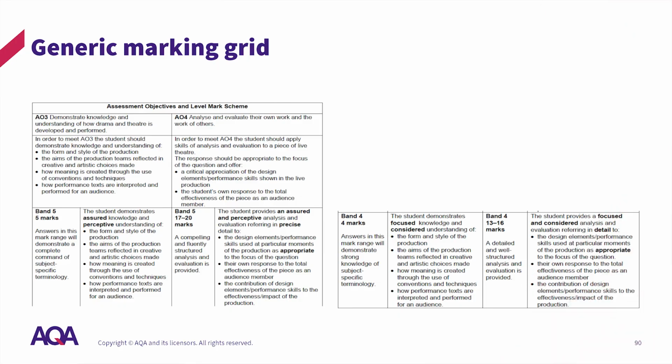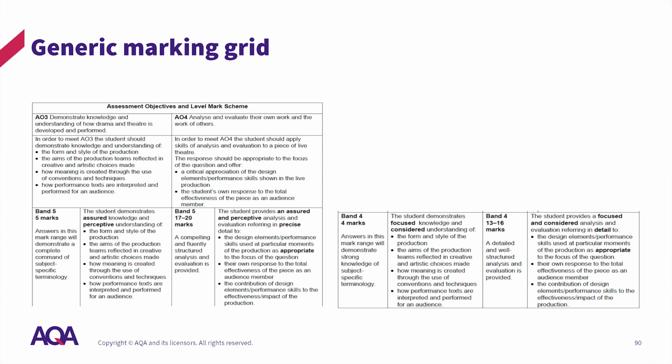The generic mark scheme for these Section C questions reflects the two assessment objectives the questions incorporate, with Assessment Objective 3, demonstrate knowledge and understanding of how drama and theatre is developed and performed, being worth 5 marks, with the criteria being focused on the demonstration of knowledge and understanding of aspects such as the form and style of the production, the interpretation of the text, and how meaning is created within the performance and the creative and artistic choices made by the production team.